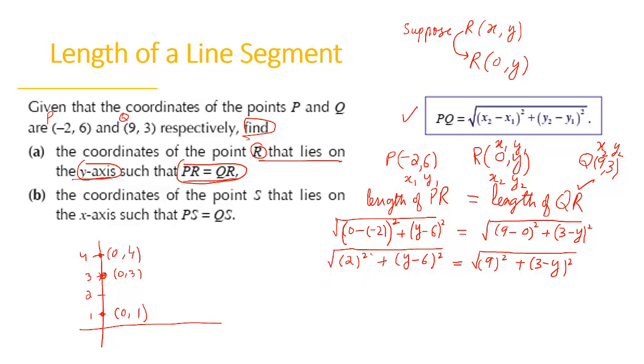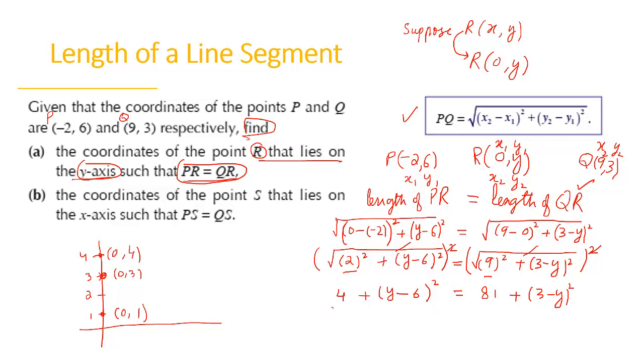As there is a square root on both sides, I will take the square on both sides so that the square root will be cancelled. So 2 squared is 4, plus y minus 6 whole square, equals 9 squared which is 81, plus 3 minus y whole square. Now the square root is cancelled.